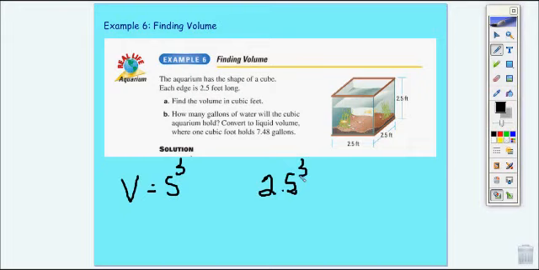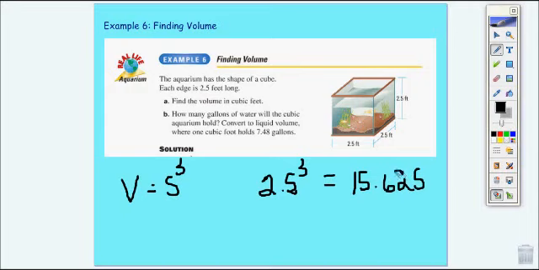So 2.5 cubed, I'm going to put that into my calculator. Now again, use some estimation. 2 cubed would be 2 times 2, which is 4, times 2, which is 8. 3 cubed would be 3 times 3, which is 9, times 3 is 27. So when I put 2.5 in my calculator and cubed it, I should come up with a number in between there, which I do. It's 15.625.